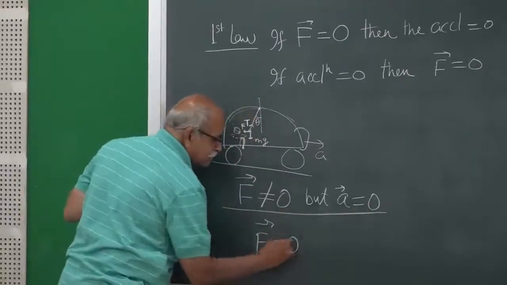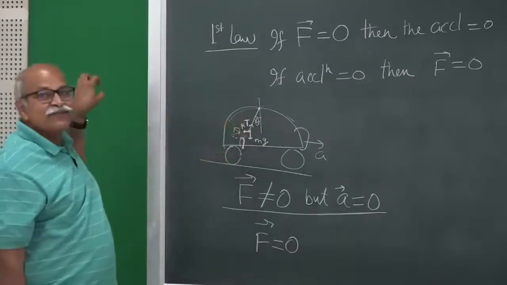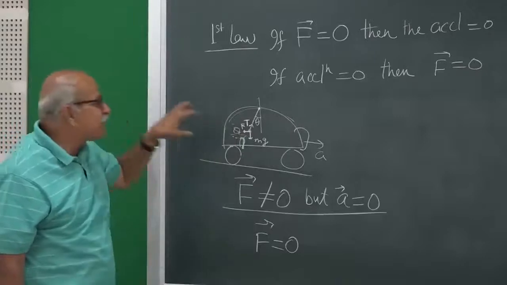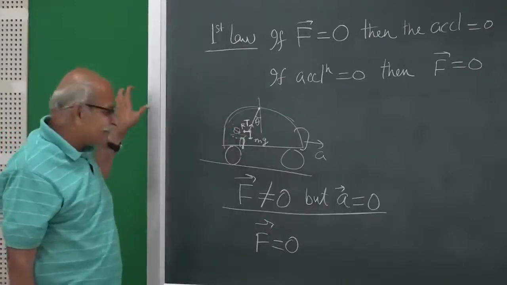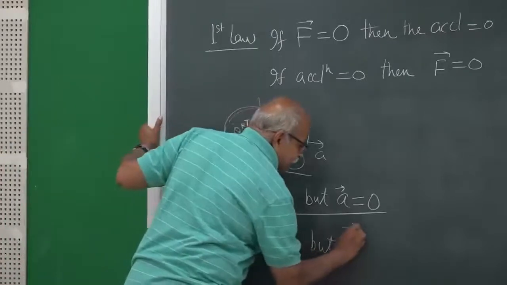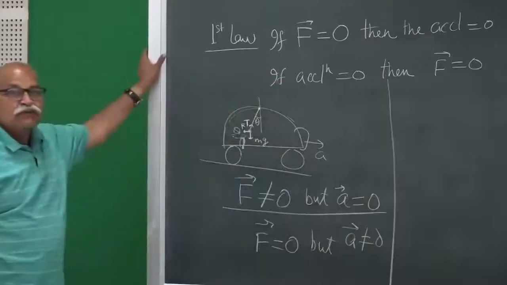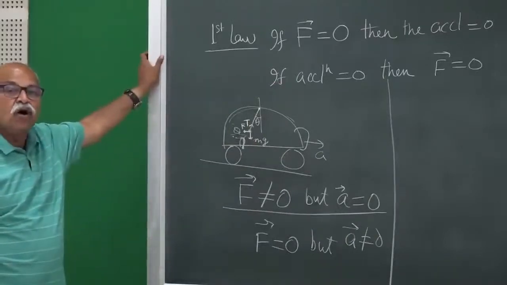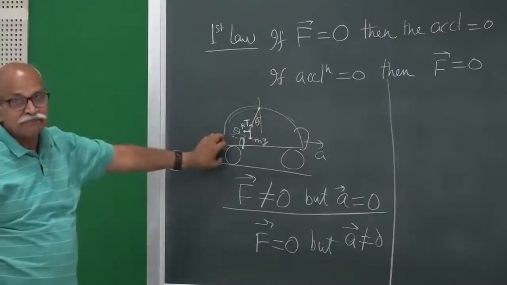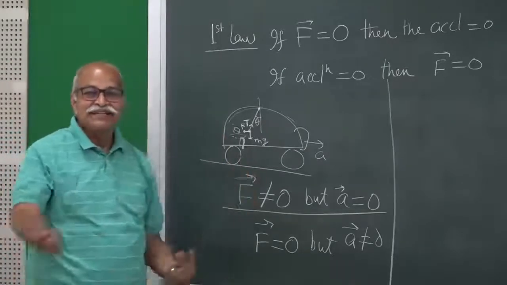What will happen? This bob will be accelerated towards me. If I pull it, the bob will be accelerated towards me. So, F is 0, but a is not 0. Newton's first law is not valid in this frame.